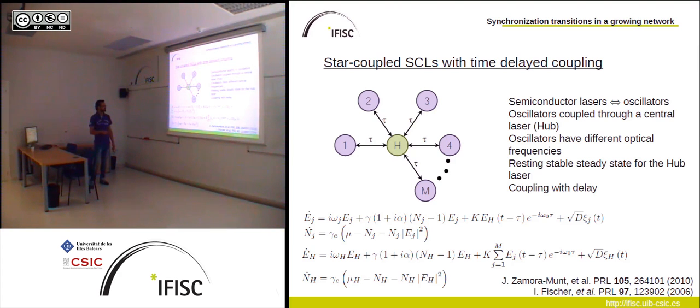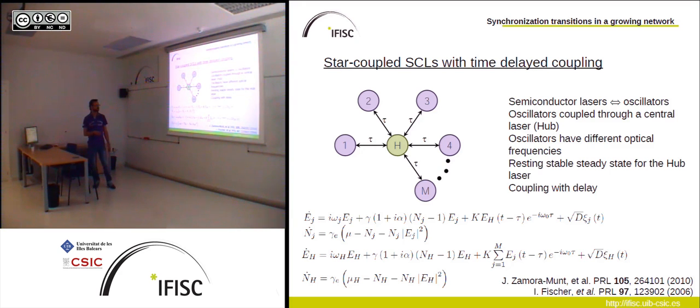Those are the equations for the star lasers. This is the slow envelope of the complex electric field of the star lasers, with a detuning frequency with respect to the central frequency that we call omega naught. This is the term for the solitary laser that is commonly used.